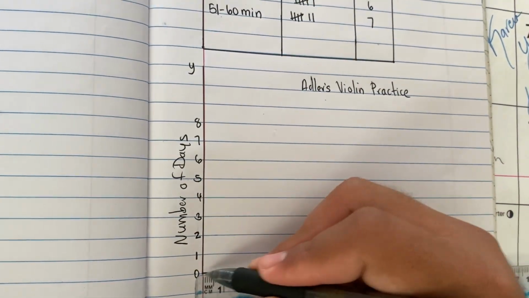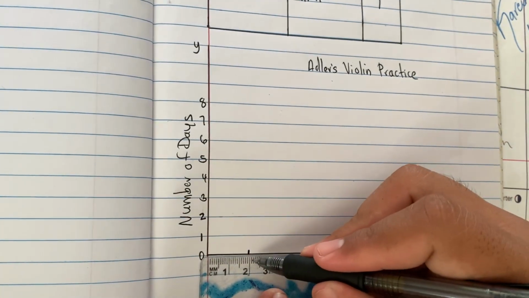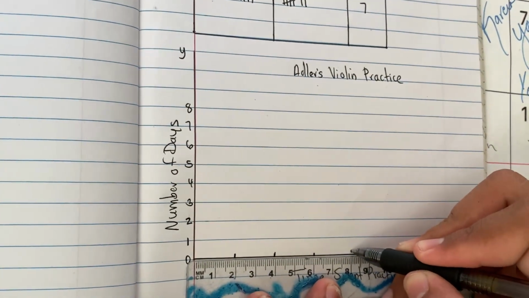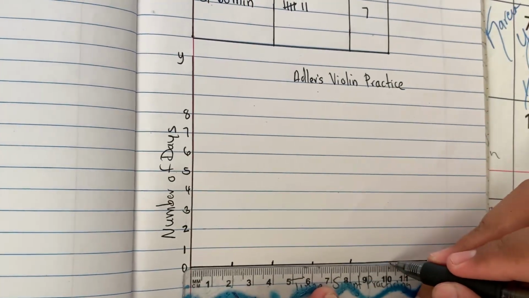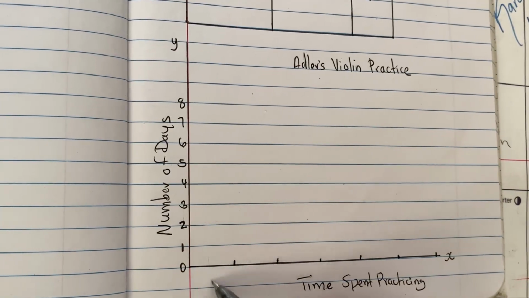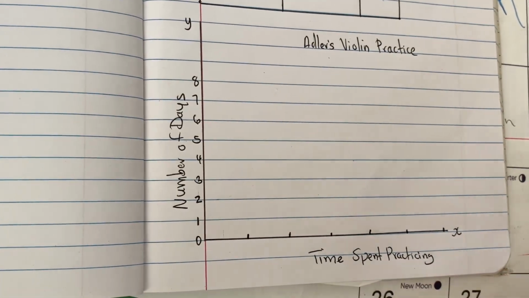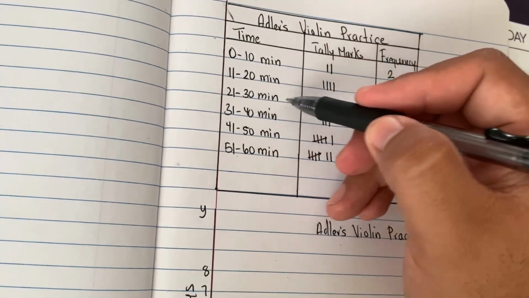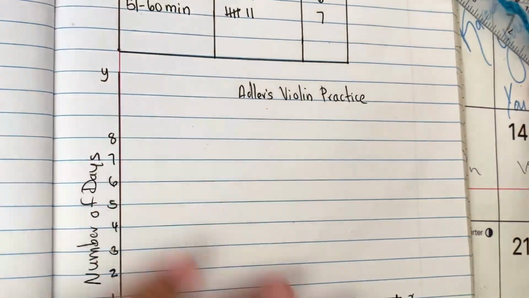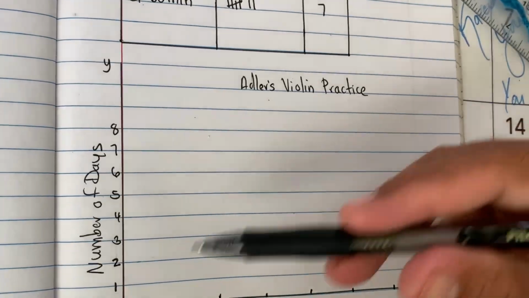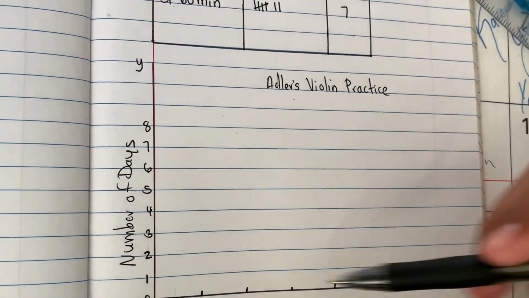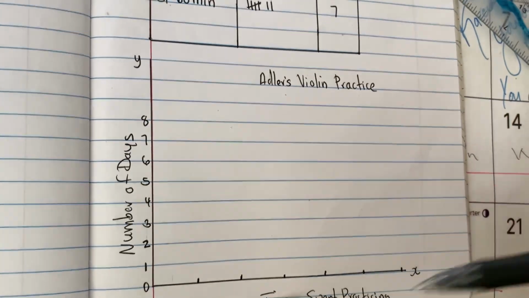So this from here to here would be the first interval. From 2 to 4 would be another one. I'm skip counting by 2s. And then I continue. See? 1, 2, 3, 4, 5, 6. There would be 1, 2, 3, 4, 5, 6 intervals. Alright. So with this, now here, I can continue with my histogram.